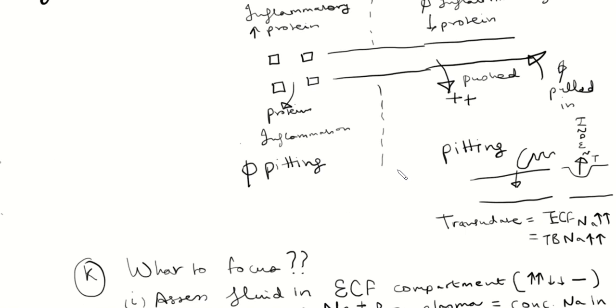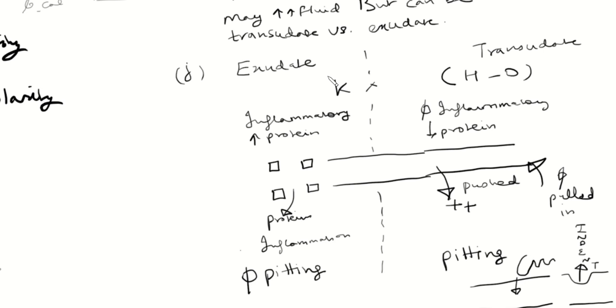So let's just talk about this a little bit. So exudate is inflammatory in nature. Inflammatory means you have inflammation, which causes the proteins to leak out because the capillaries become leaky.